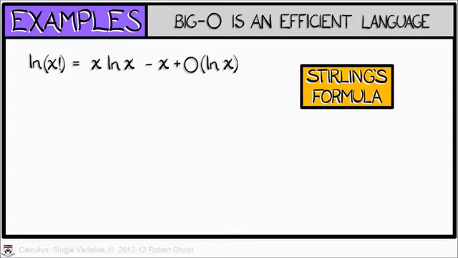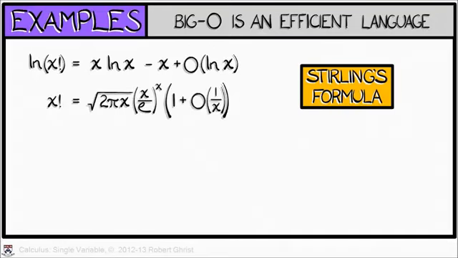One form of this says that log of x factorial equals x times log of x minus x plus some remainder term that is in big O of log of x.